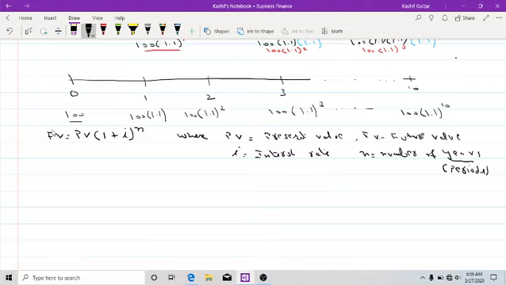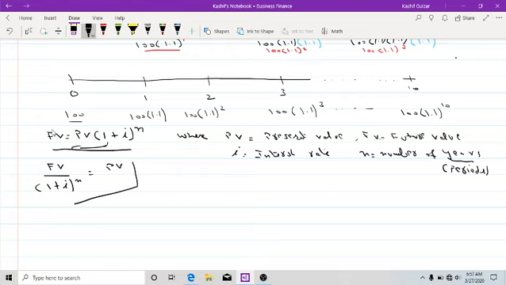So the formula is very simple, very logical and quick to remember. It is a very generic formula, and using the same formula I can produce different types of results. For example, if I want to know the future value, I need to know these three things. If I want the equation for the present value, I can simply divide by 1 plus i to the power n, so present value comes out.